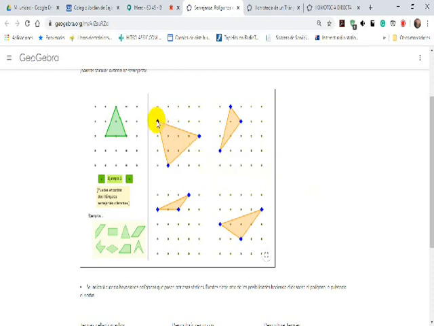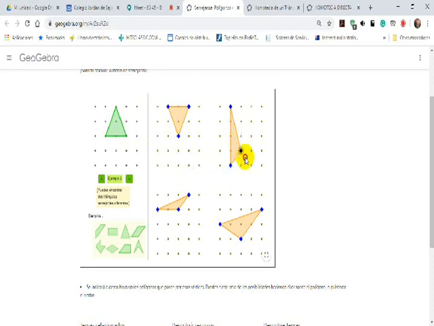For example, if I took this blue point and I move it here, we have 1, 2, 3 points here, and then I place this point here, I have the same figure, the same sides, and the same angles.